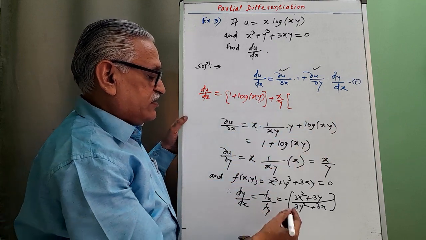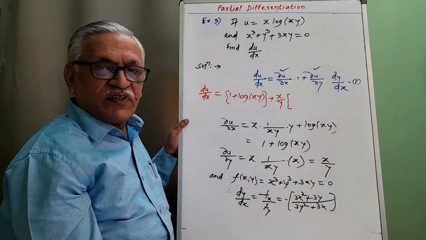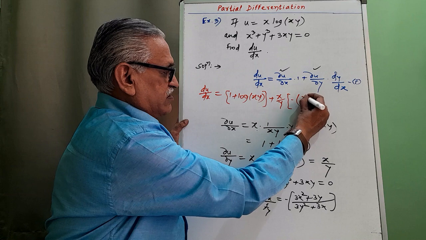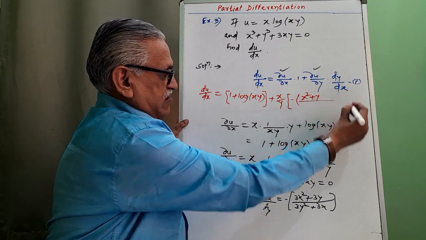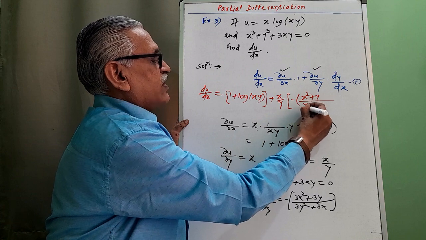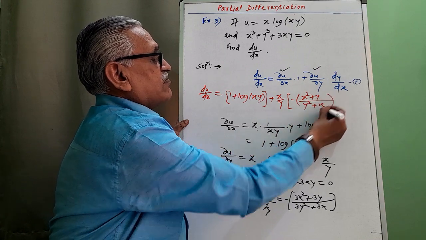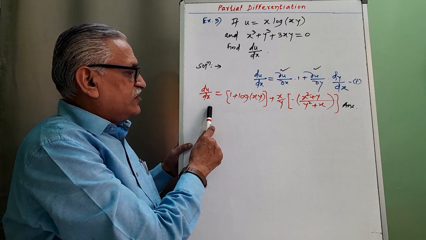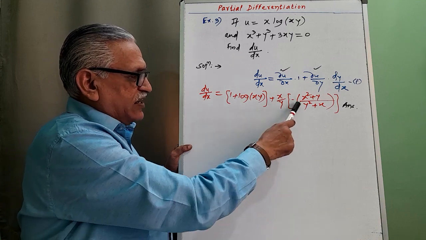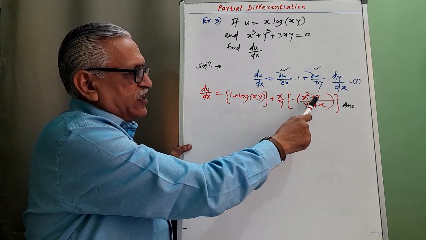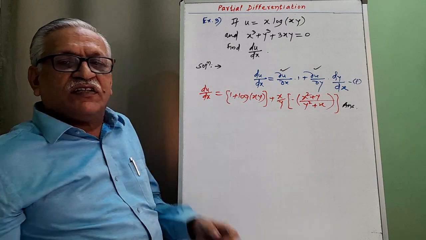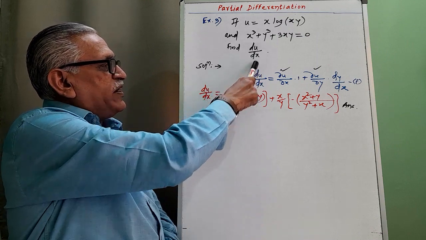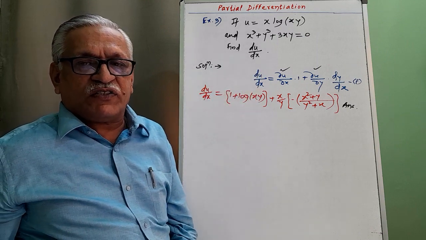The value of dy by dx is, we can cancel this 3 by dividing 3 throughout, minus x square plus y divided by y square plus x. Therefore, the final result is du by dx is equal to 1 plus log xy, the sign is minus, x by y multiplied by x square plus y upon y square plus x, as the answer for that term du by dx, the total derivative of u with respect to x.